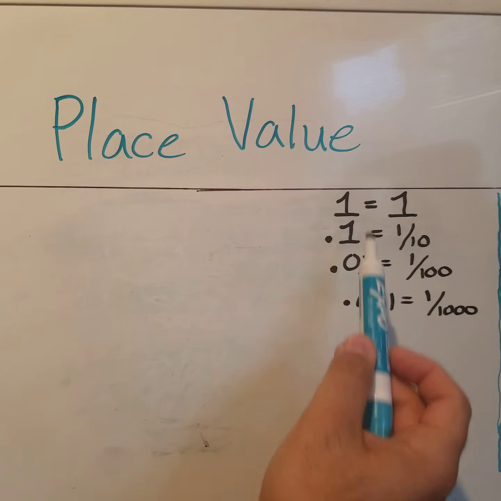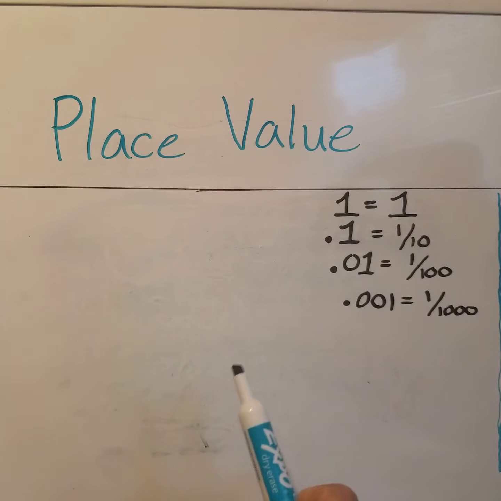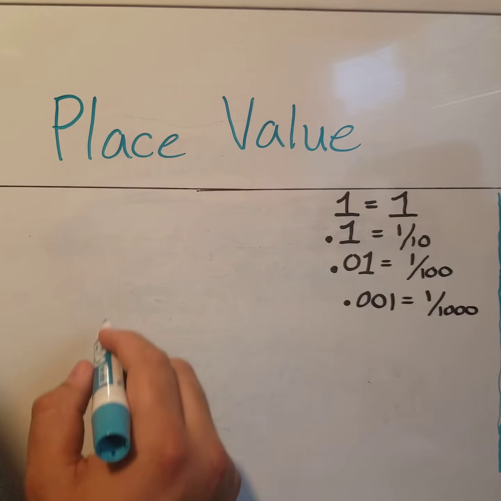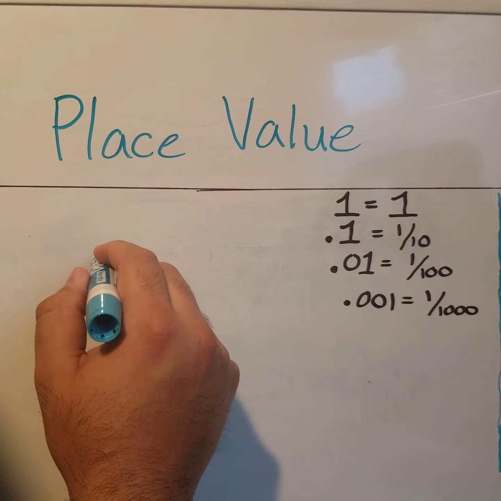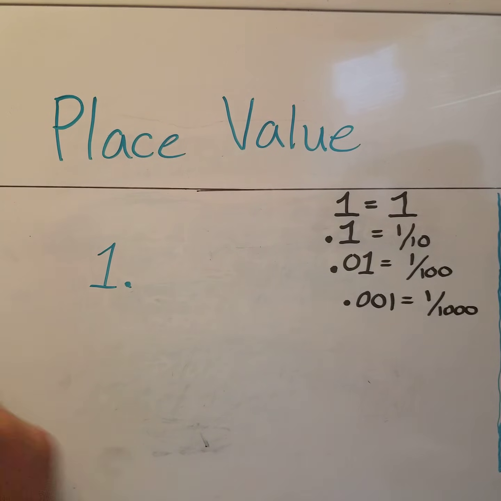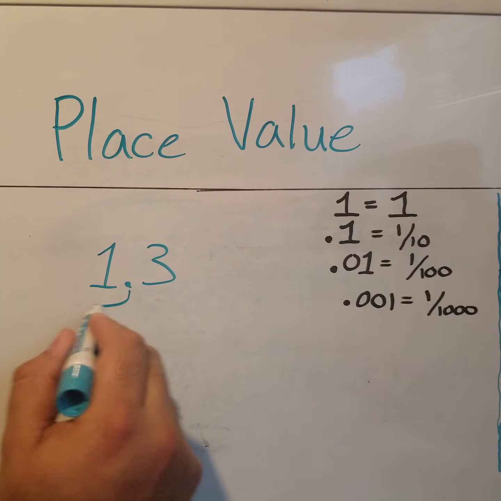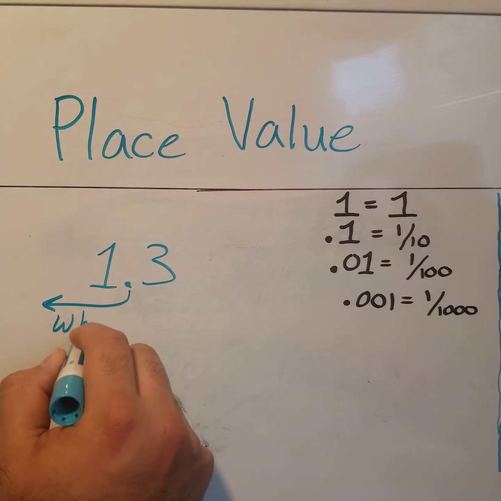So I went ahead and I rewrote all of these different equivalencies. So hopefully this helps. I'm going to give you a really quick example. I'm going to give you 1.3. So we know everything to the left is a whole number.